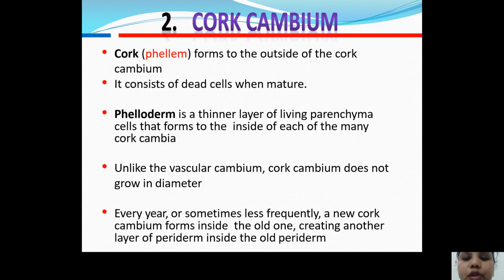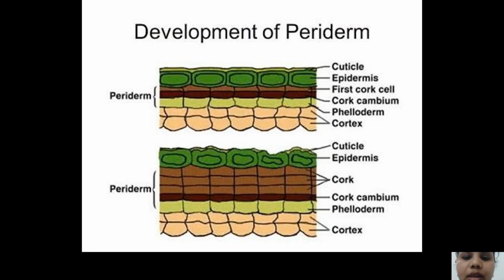We'll see the development of periderm. Periderm is a word for the three layers of cork cambium, cork, and secondary cortex. Now, this periderm is formed by the differentiation of one of the layers of the hypodermal cells, which resumes its meristematic activity and forms into a cork cambium, as it is represented in brown color here.